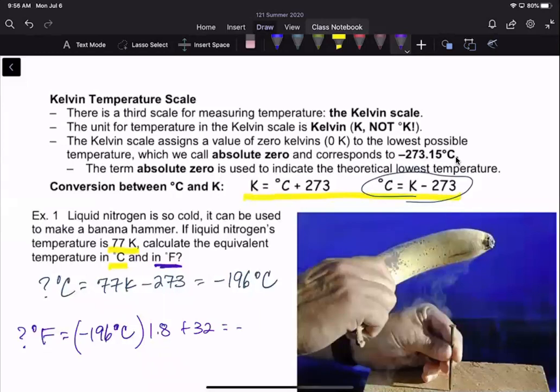So I get minus 384.8 degrees F. And again, we have values that go just to the ones place, so our rounded value would go to negative 385, a very negative temperature.